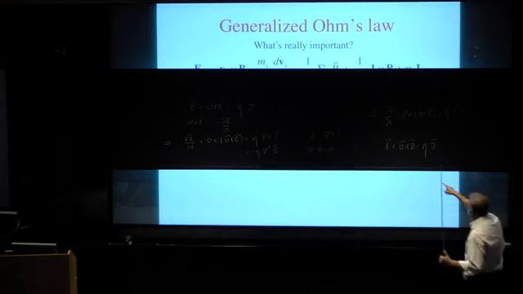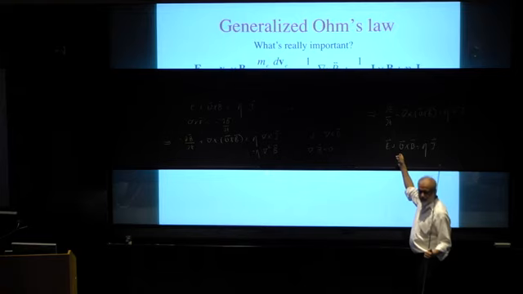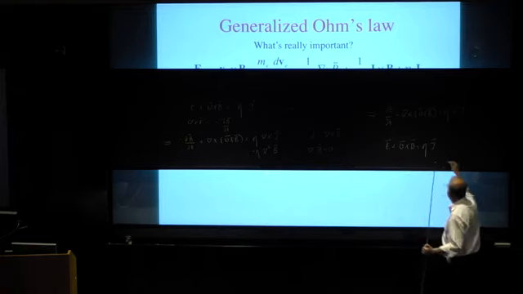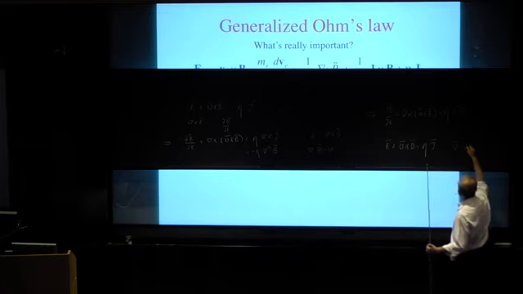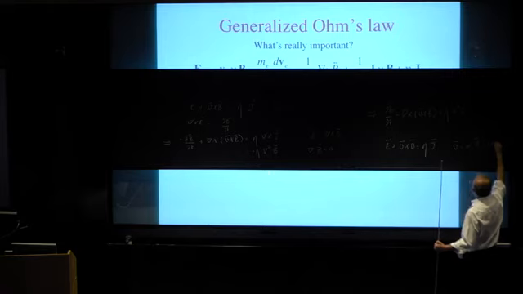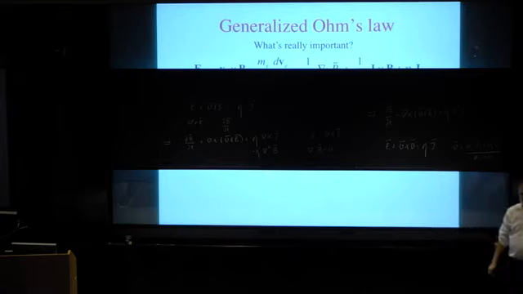This v is really the single fluid velocity. But if you think about it in terms of ions and electrons, this v is (m_i v_i + m_e v_e) divided by (m_i + m_e).